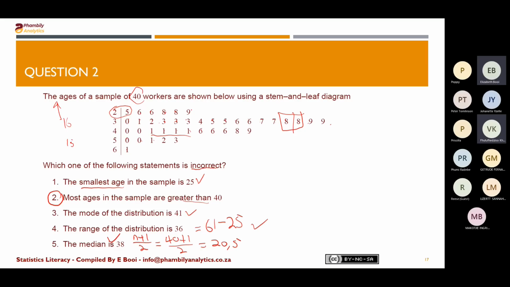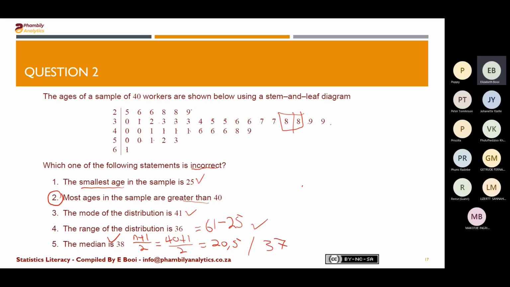Sorry, Lizzie, if I may ask, if the median position was 37, we were going to count until 37? Yes, if the position here was 37, you would count until you get to 37 and then you stop right there and say that is your median.